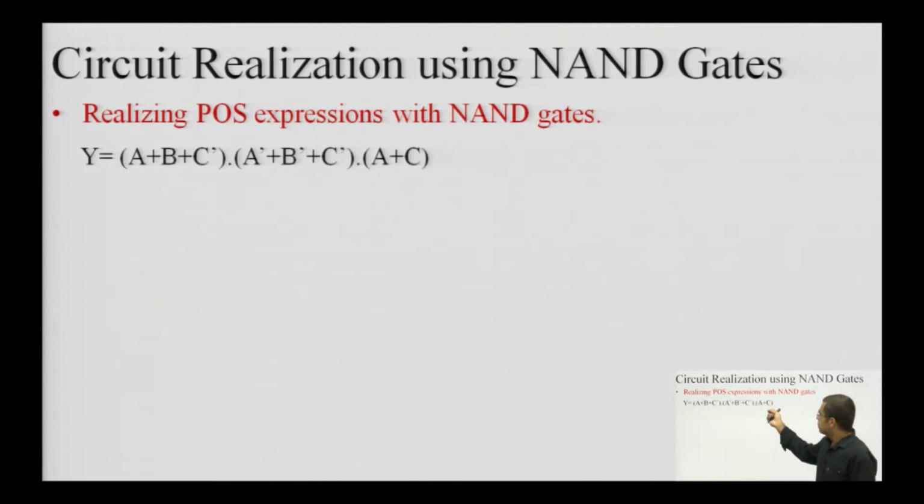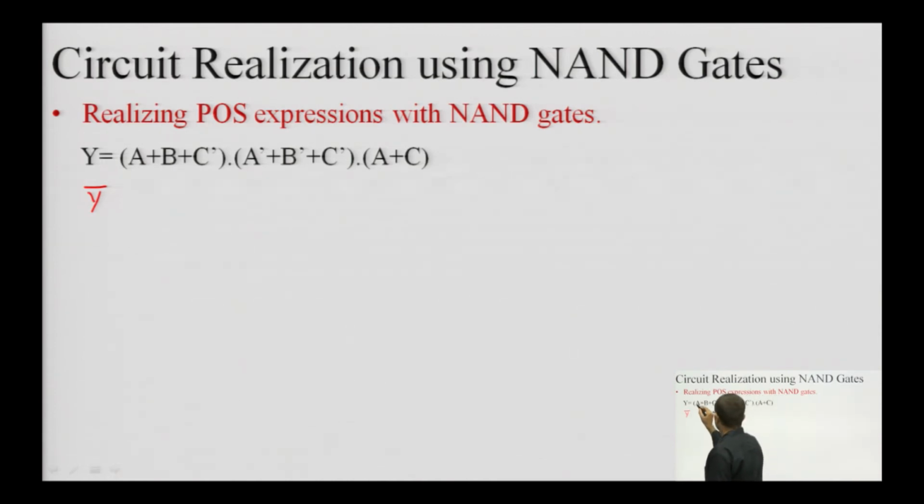Similarly, if a POS expression is provided to me and I am asked to generate the NAND equivalent of this POS type expression, then we have to convert this POS looking expression into an SOP type expression by complementing it. If I complement this expression, then I will be getting Y bar.